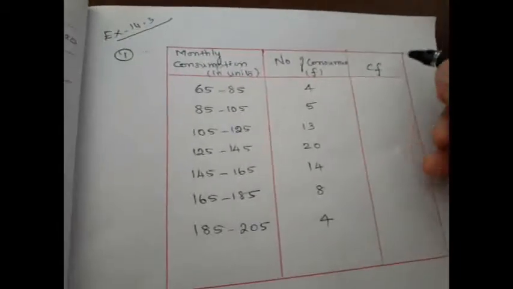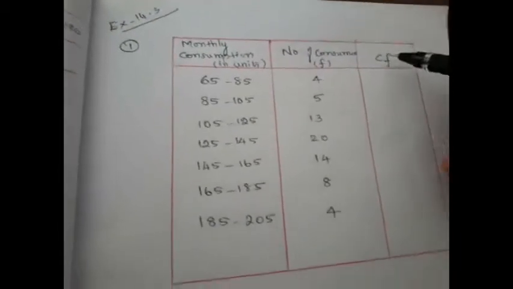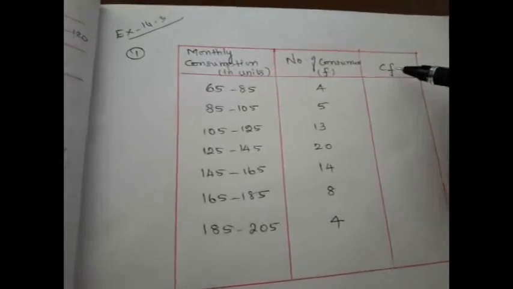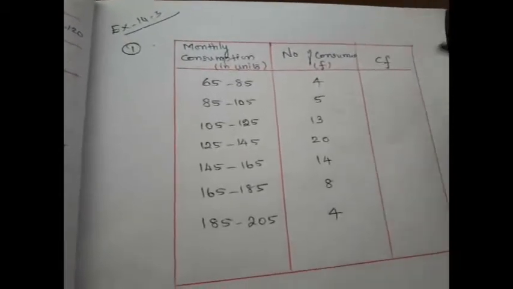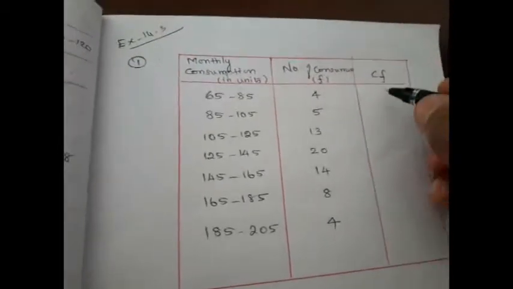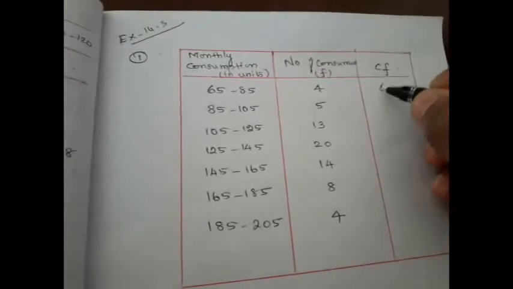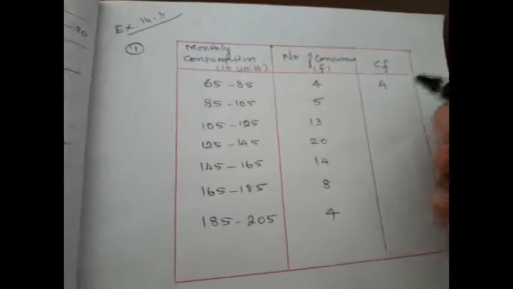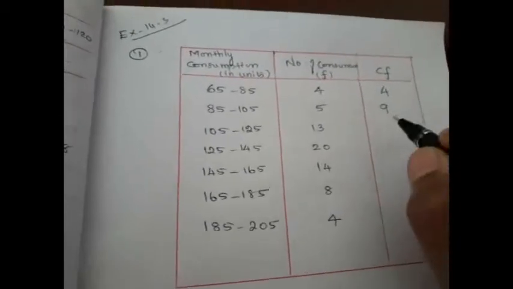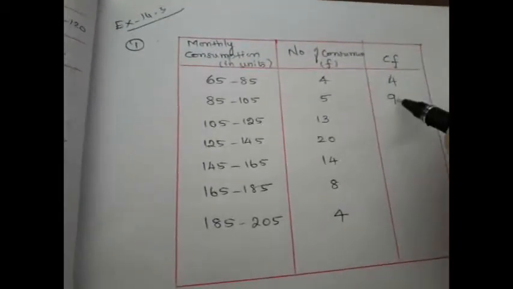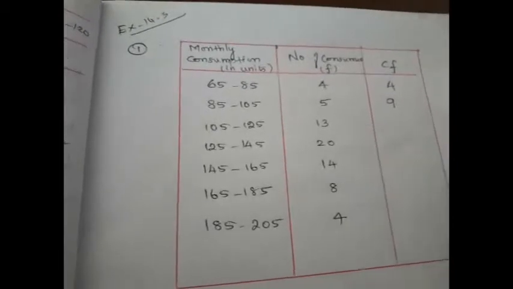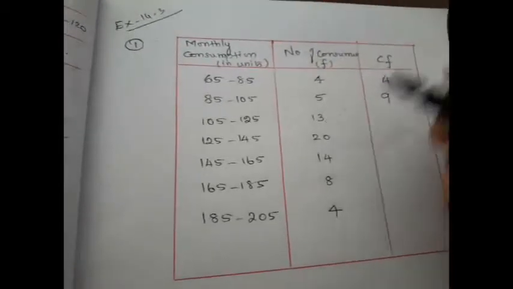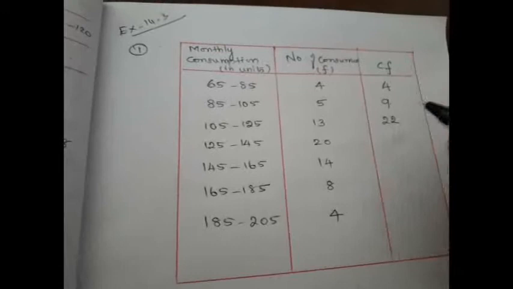Now let me first find out the CF. CF is cumulative frequency. From the name itself, we need to cumulate the frequency. First frequency you have to write as such, 4. Then you have to add this 4 with the next frequency. So 4 plus 5 is 9, right? Then 9 plus 13 is 22.